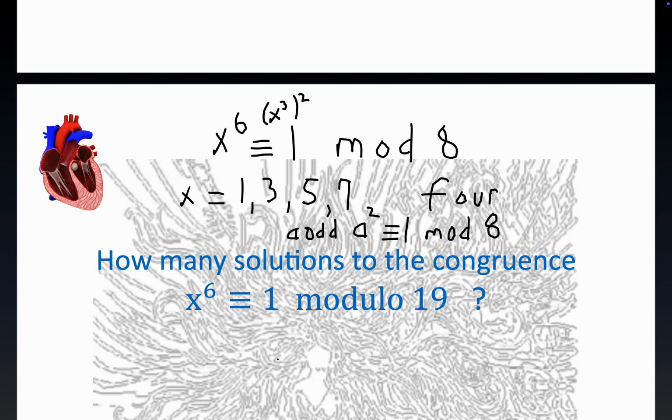Now let's start looking at how we would count the solutions of this modulo 19 version of things. Again, we have a degree 6 up here, but only 4 solutions. Now let's count the number of solutions to this guy right here. X to the 6 is congruent to 1 mod 19.